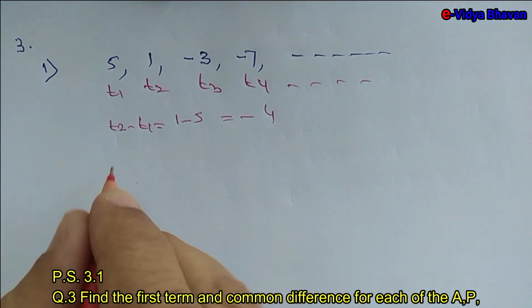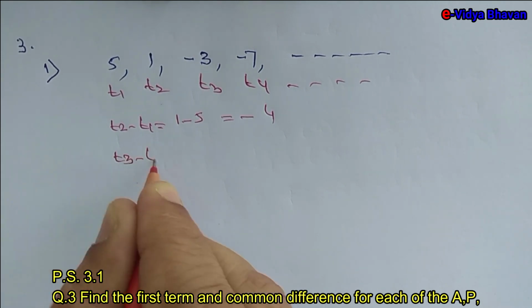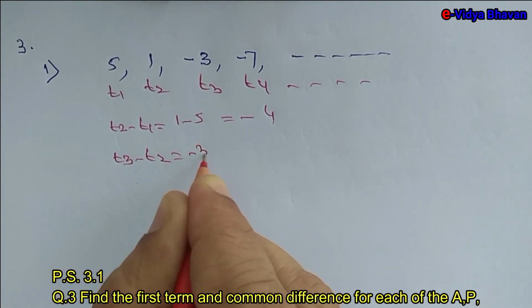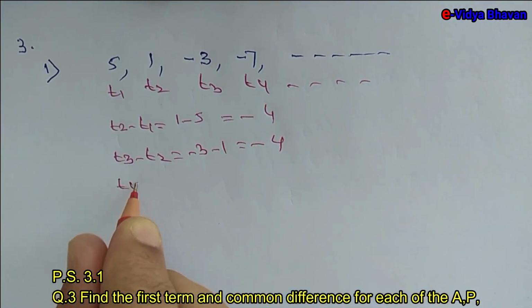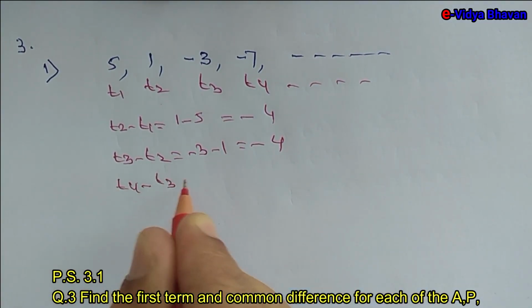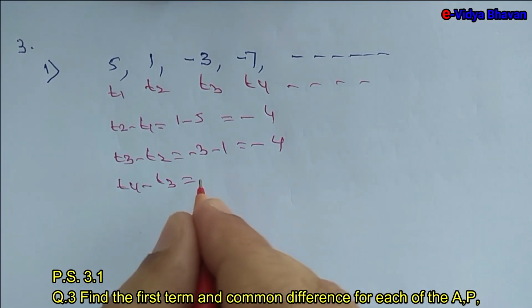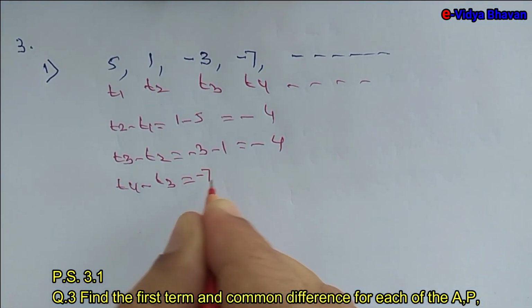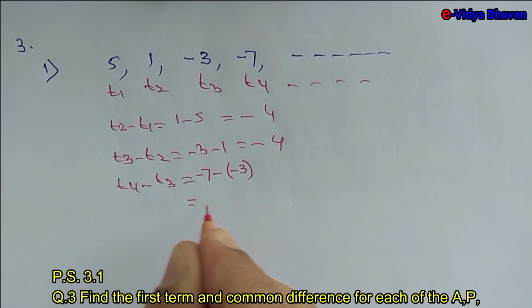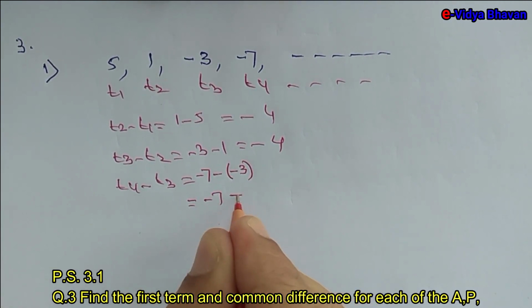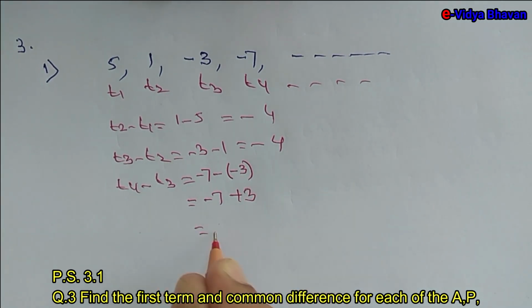T3 minus T2, minus 3 minus 1, minus 4. T4 minus T3, you are getting minus 7 minus of minus 3. This is minus 7 plus 3, which is going to give me minus 4.